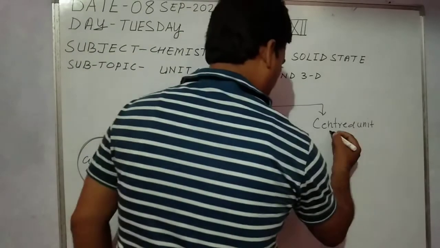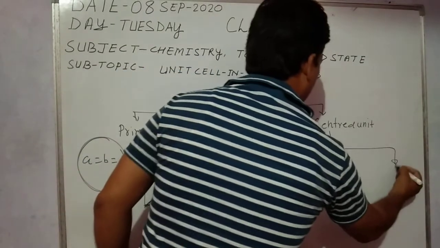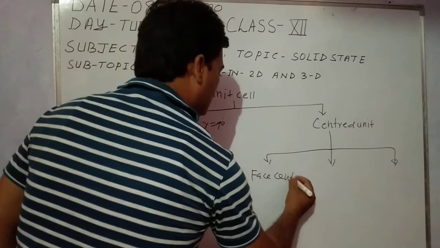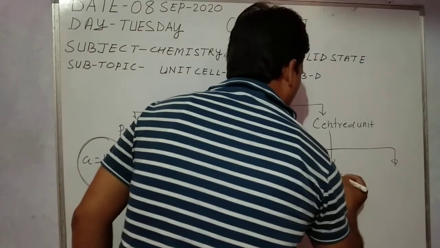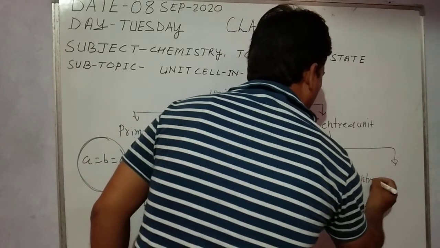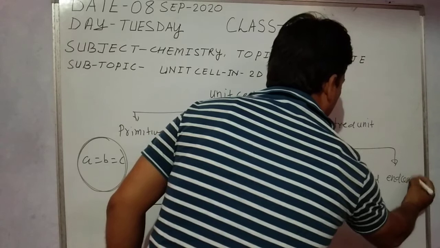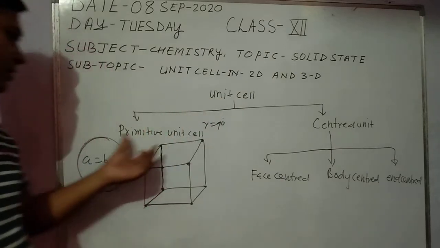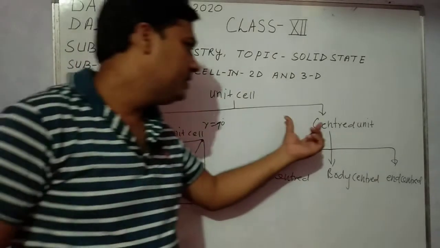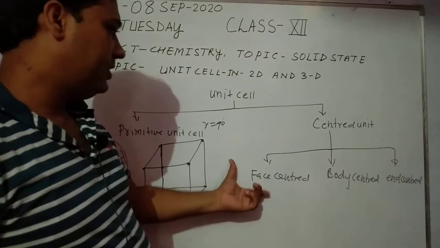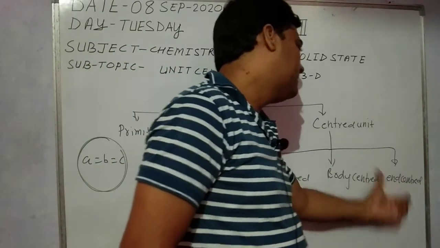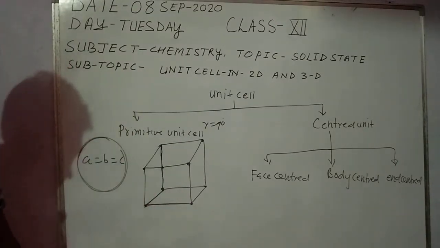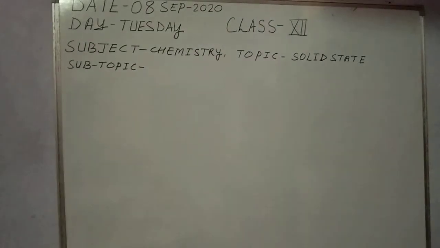Centered unit cells are of the following types: face centered, body centered, and end centered. So in three-dimensional lattice, the unit cells are primitive unit cell, and second one is centered unit cell. Centered unit cells are face centered, body centered, and end centered, and I have already discussed how to calculate the number of atoms in a unit cell.